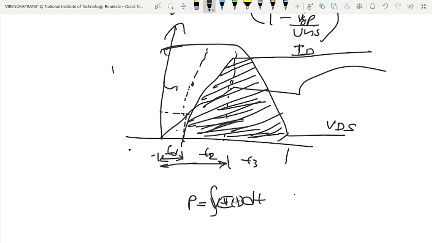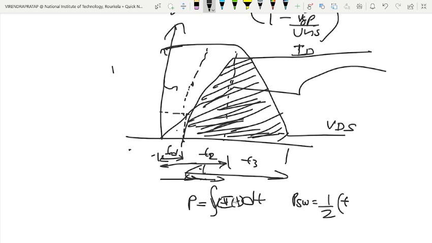We know very well the formula for switching power loss. This area formula is total base into height. Total base I will take. Suppose that in some datasheets, this is given as delay time and rise time.